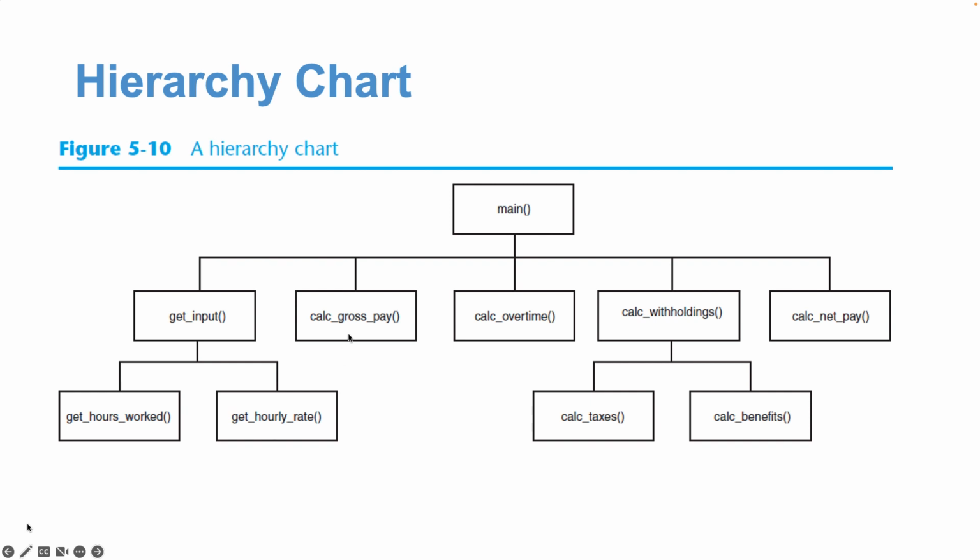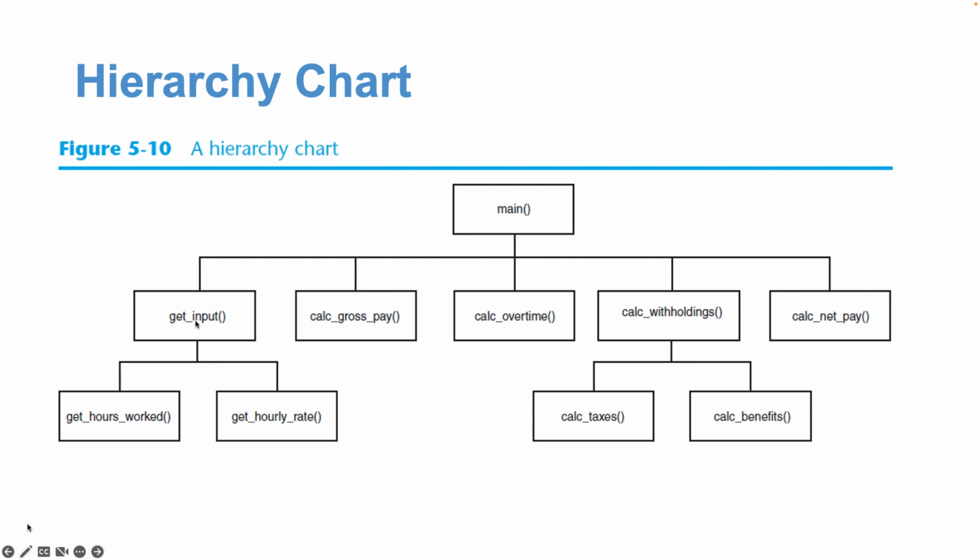We define another function that calculates the gross pay. We have another function that calculates overtime if there's any. Another one would look at the taxes, withholding and benefits, so there are subtasks to that. And then we have another function that calculates net pay. All of those can be combined together in a main function that together helps us solve the problem.